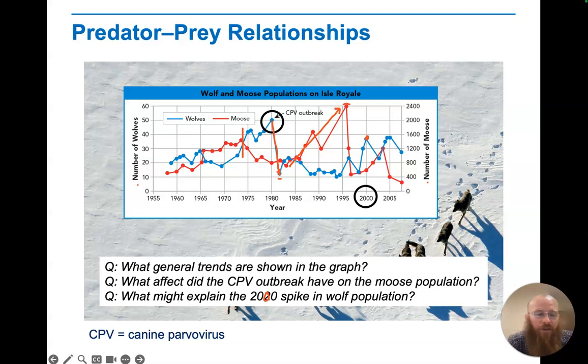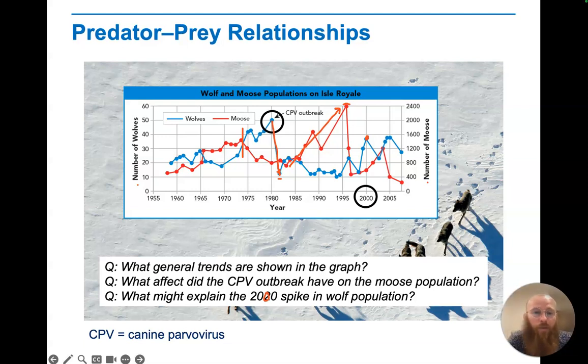in the moose population. So we saw here in 1996, the moose population was at an all-time high. Now, the environment couldn't sustain that moose population for very long. I imagine there was a lot of overcrowding, probably competition for limited plant resources. And so that moose population was so abundant that the wolves that existed at the time probably had a very, very easy time finding their food source, right?